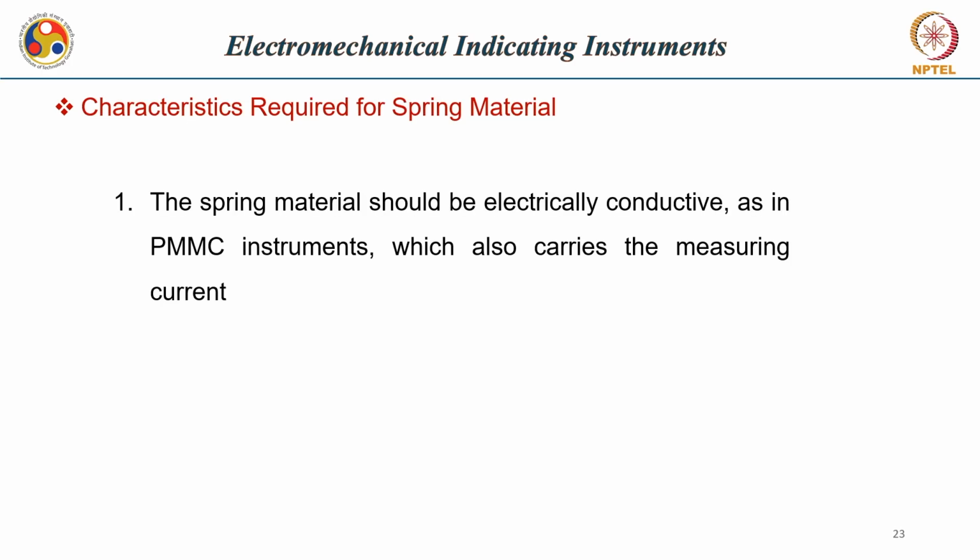You have seen that phosphor bronze, a special kind of alloy, is used for making these springs. So you are fixing a certain kind of material which can be used for fabrication of the spring. You cannot use any spring that is available in the market.